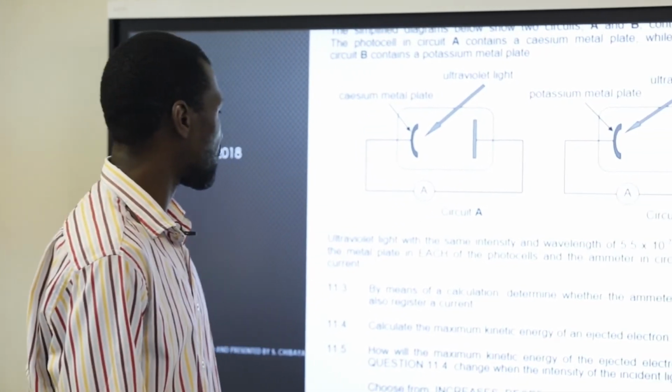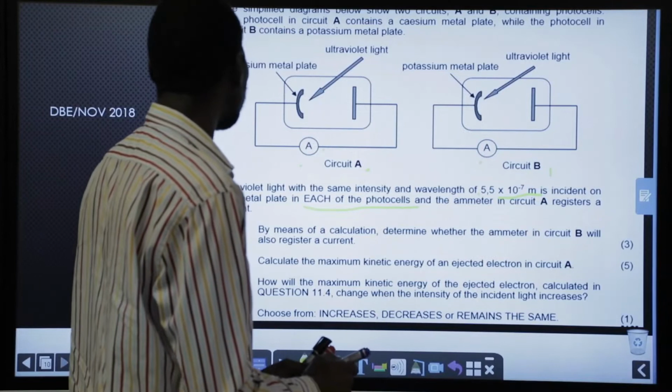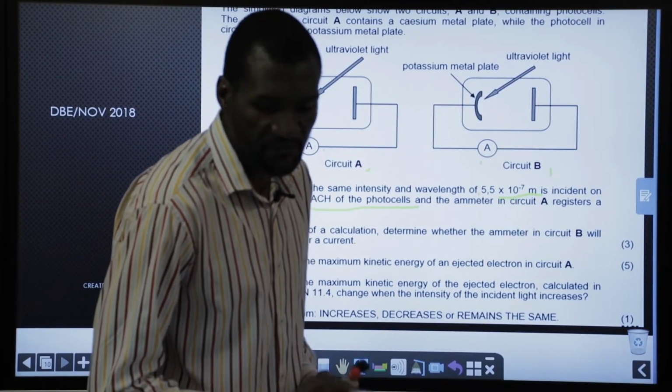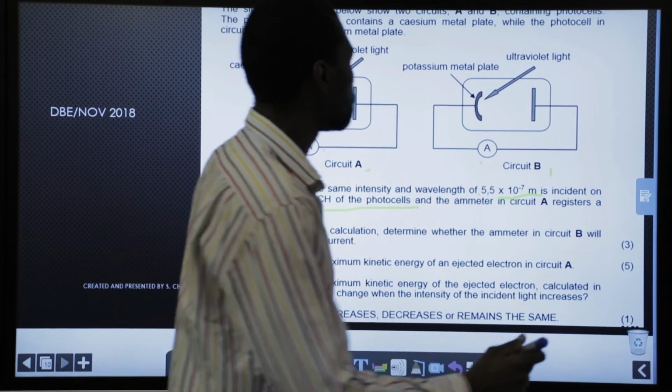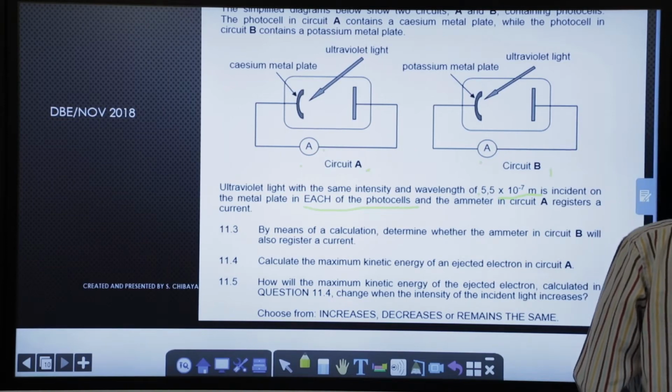So what they want you to calculate here is obviously the frequency of the UV light. What is the frequency of that UV light? This is 1.13.